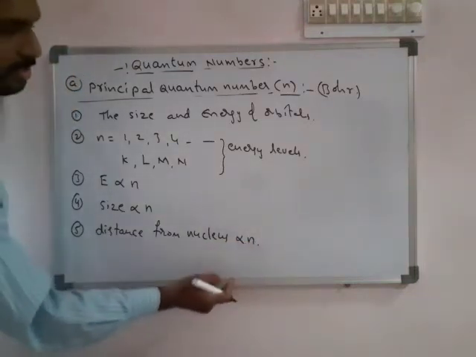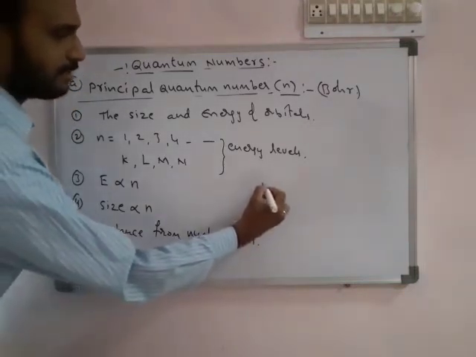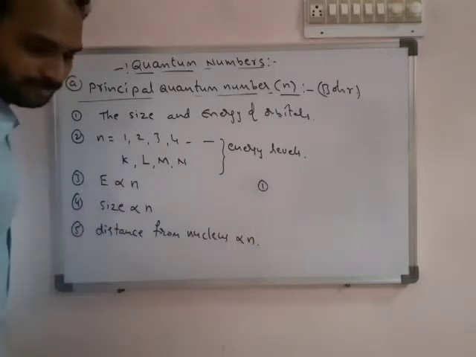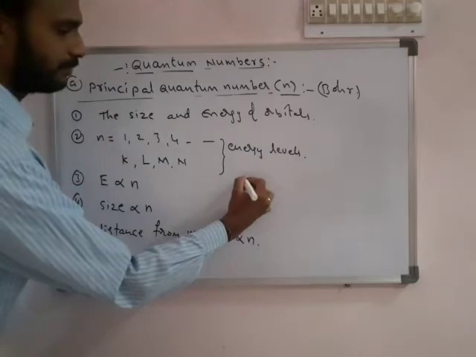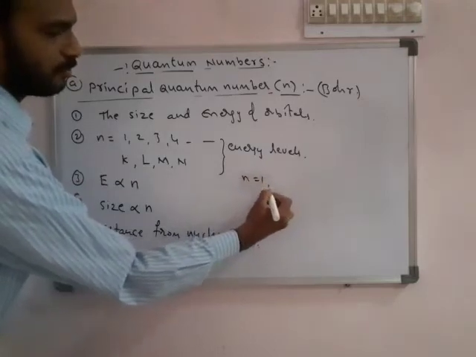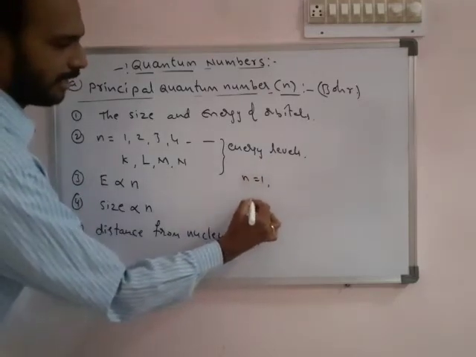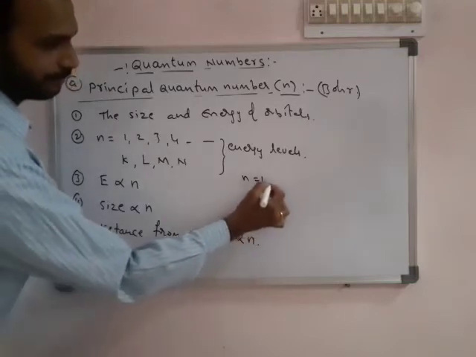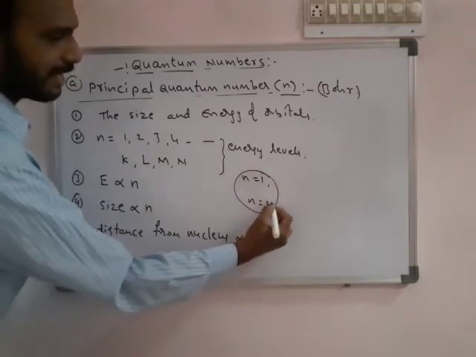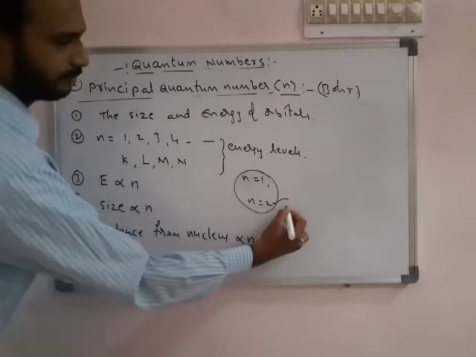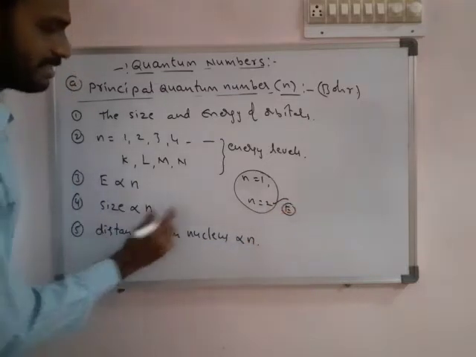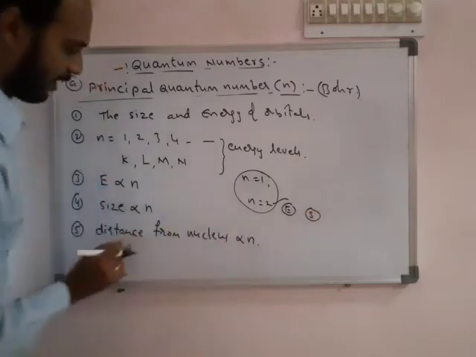Means an orbital is present in the first shell. Just for example, n equal to 1 for one orbital, n equal to 2 for another orbital. So energy is higher for the second one. The size is higher for the second one.